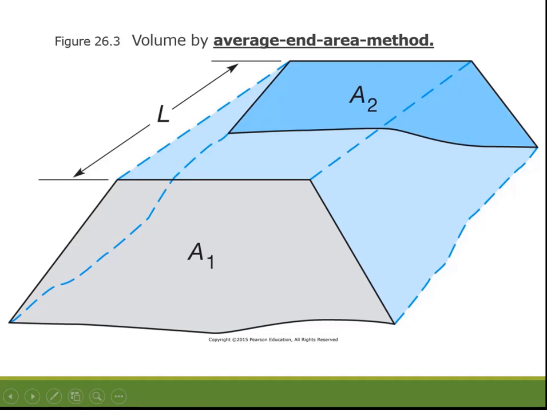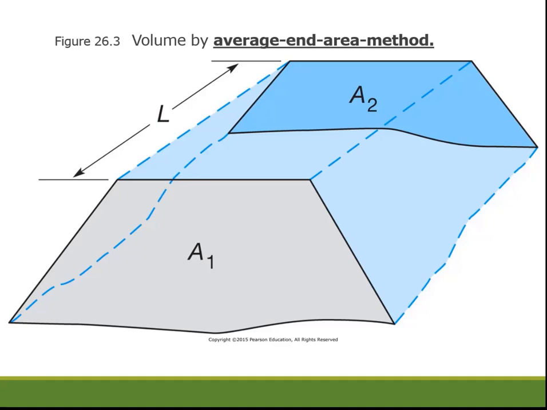In order to estimate the volume, we can make use of the average end area method. This is probably the most practical for linear facilities, such as highways or railways. We take two different end areas, one at the beginning, A1, one at the end, A2.